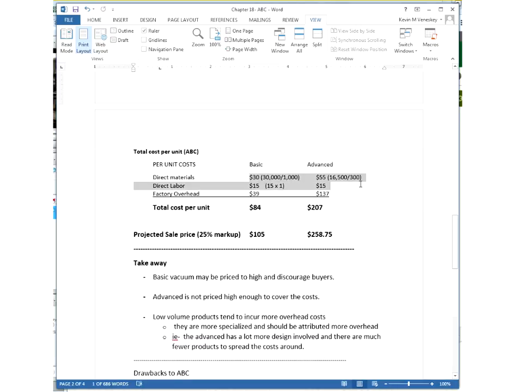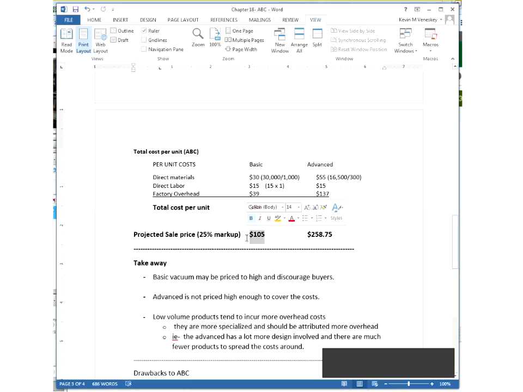So if I go back, these first two items are the same as at the very beginning of our example. Direct materials stay the same, it's $30, $55. Labor stays the same. But now our factory overhead is split maybe more equally as it should be. Maybe, maybe not. That's just the decision you have to make as a manager. So now the basic really only costs me $84 to make instead of over $100 before.